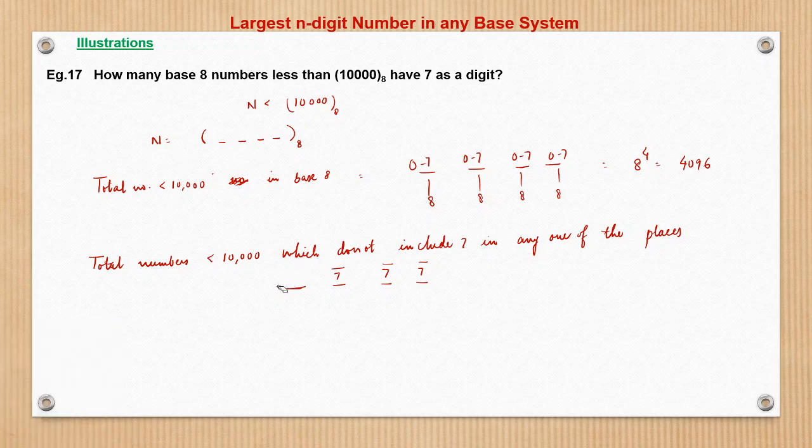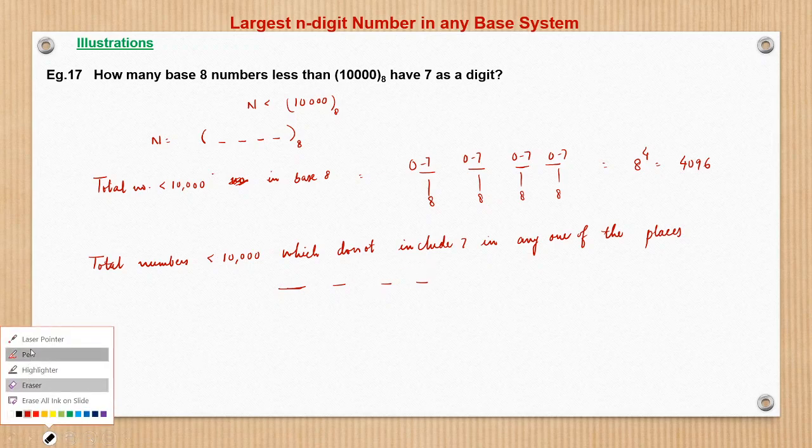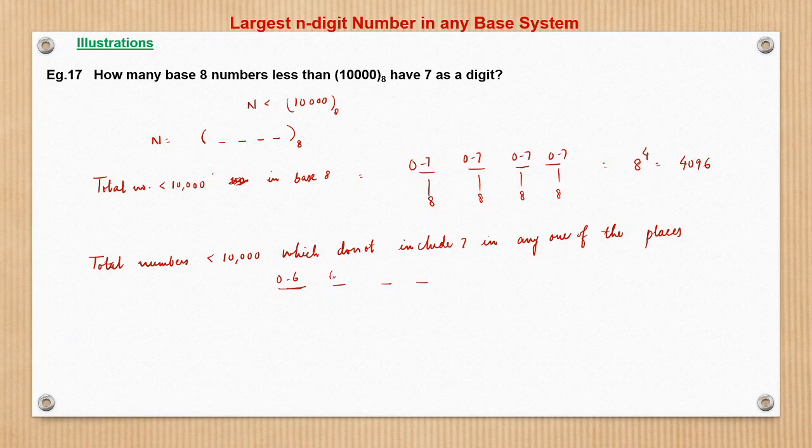So basically I write this as 0 to 6, 0 to 6, 0 to 6. So each can take 7 cases, which becomes 7 raised to power 4, which is 49 squared, which is 2401. So now the number of base 8 numbers less than 10,000 that have 7 as a digit is the total cases minus such cases which do not have 7.